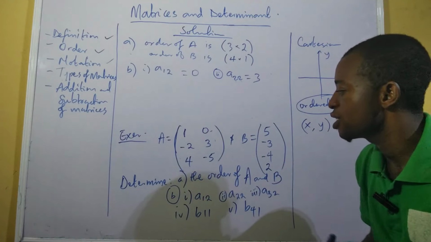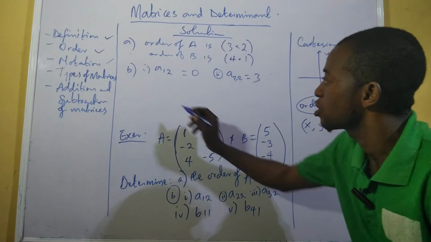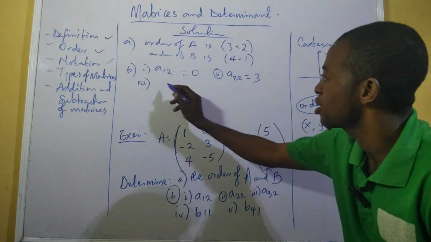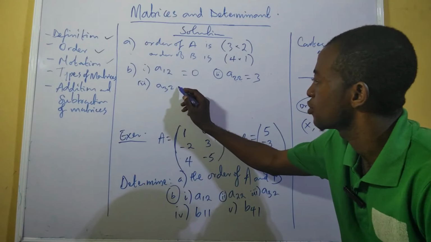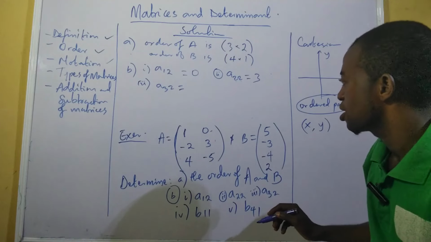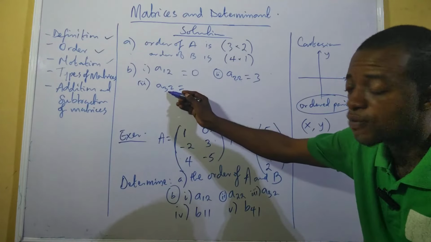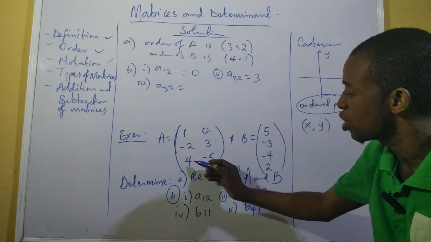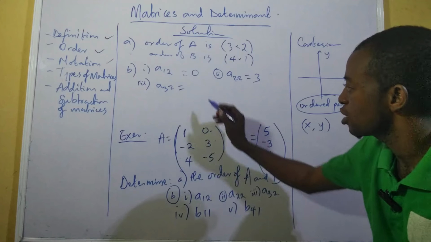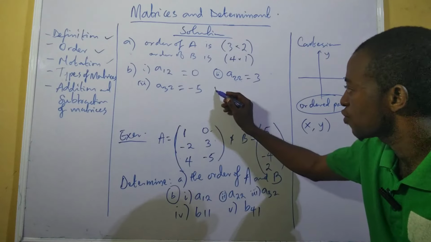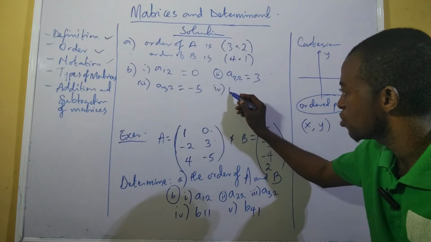It's very easy. Okay, so the third one, we have A32. That is also an element in matrix A, which is in the third row. No, the row comes first. Row 3, column 2. Row 3, column 2. Yeah, that's minus 5. Then Roman figure 4, which is B11.